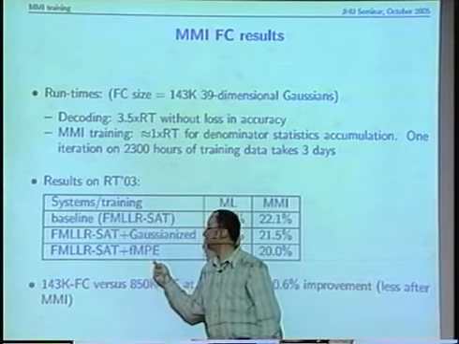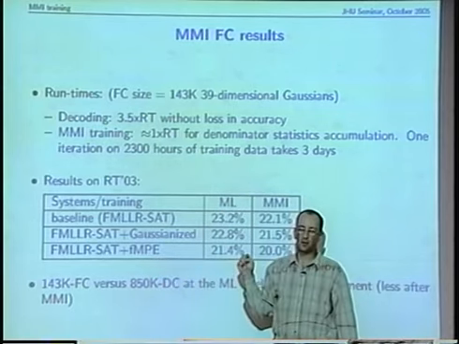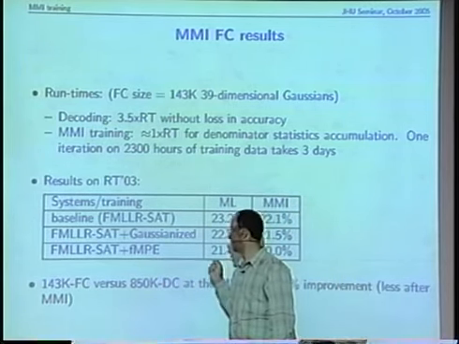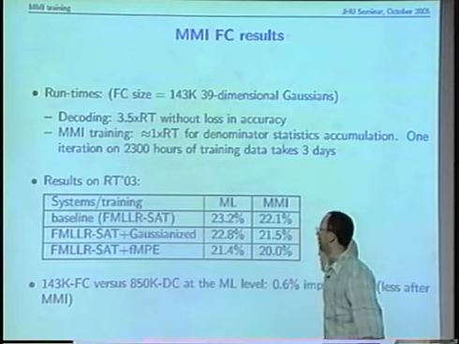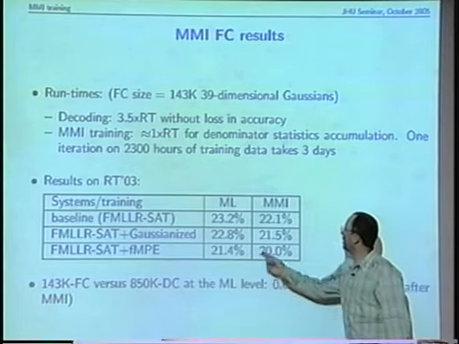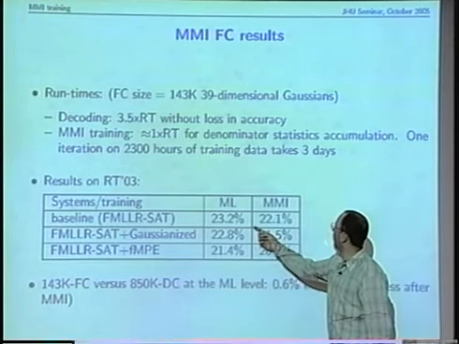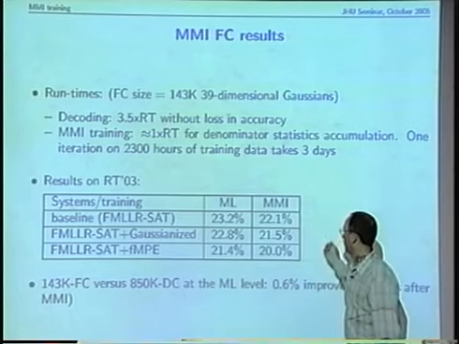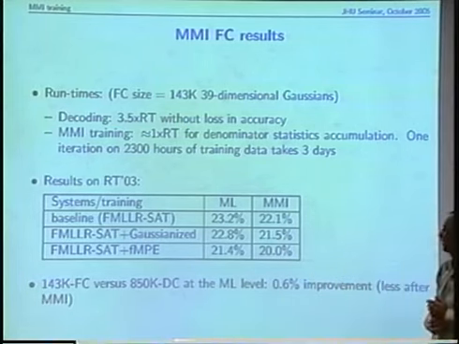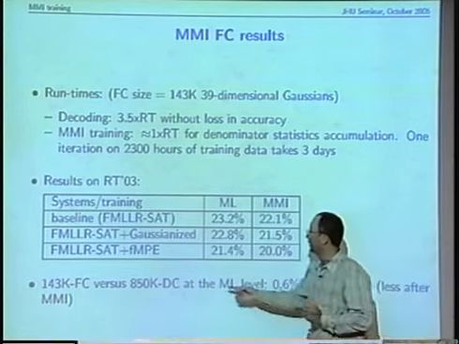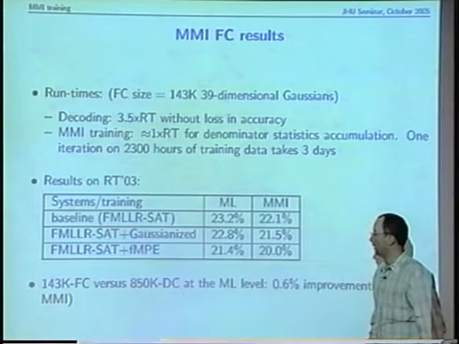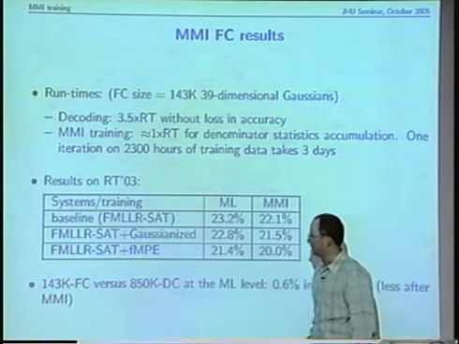And here we apply FMP, which is the transform that Dan talked about a couple of months ago, on top of, again, the baseline feature space. And we see gains for MMI in the range of 1.1% to 1.4% for the FMP features.